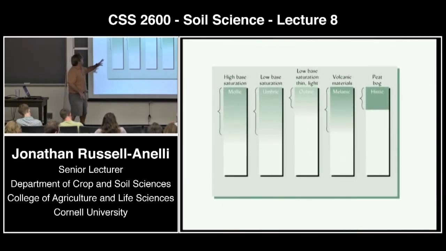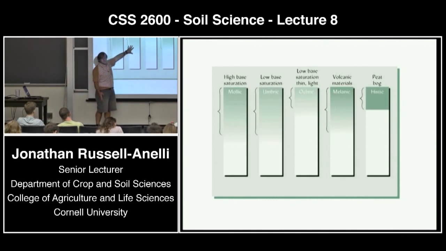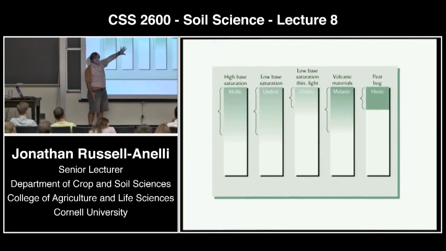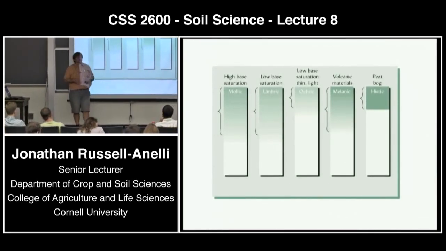So I have high organic matter, deep, and I have high base saturation. The characteristic I'm looking for, whether it's the ear bone or whatever, in this case gives a mollisol. If I have low base saturation, an umbric epipedon, low base saturation could move into some of those ultisols.